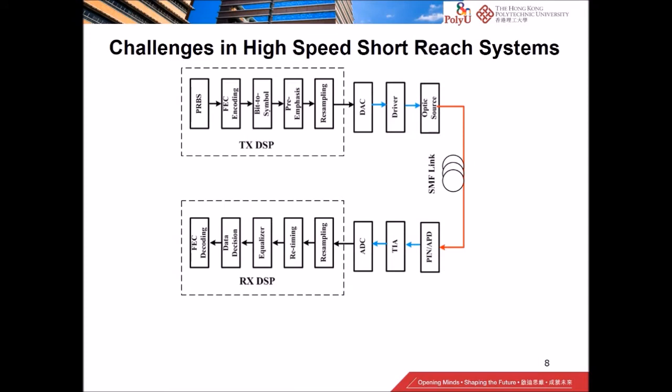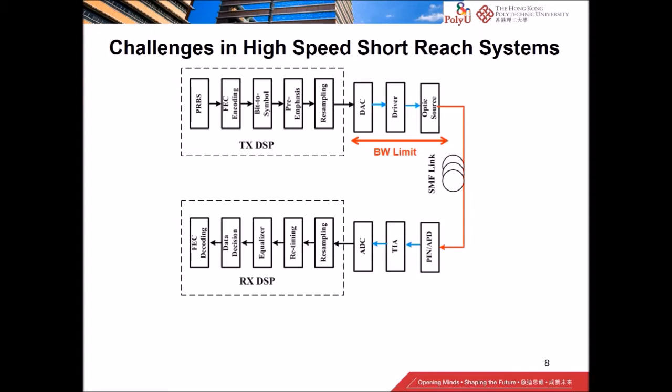All right, so now this is an attempt to sum up the technical challenges in high-speed short-reach systems. Essentially, we felt that there are only two major impairments or roadblocks for short-reach systems.